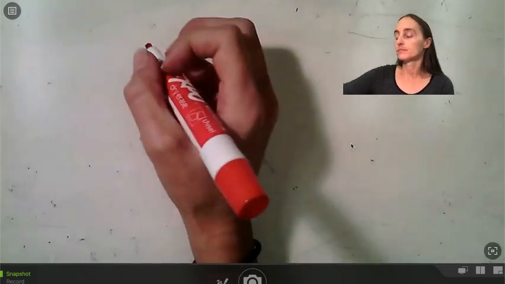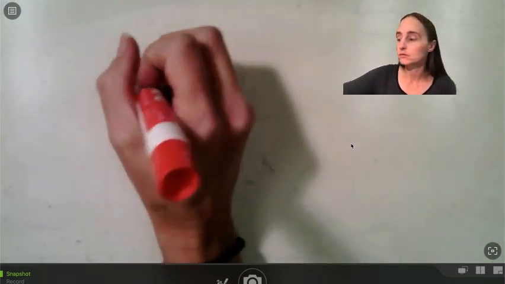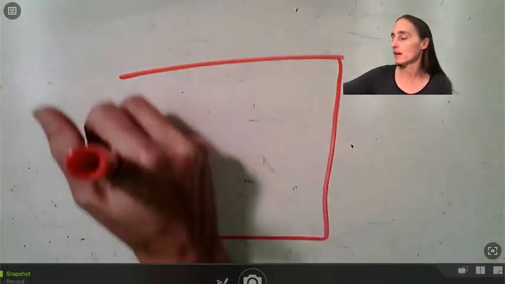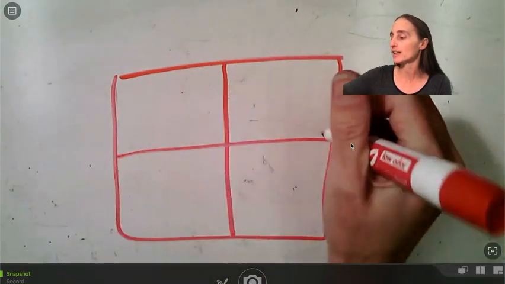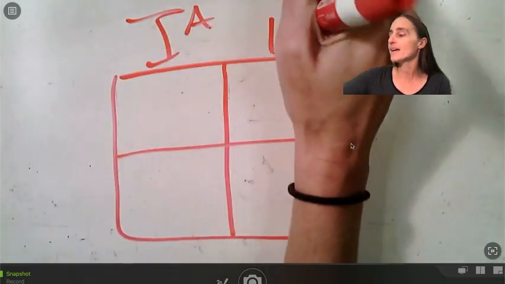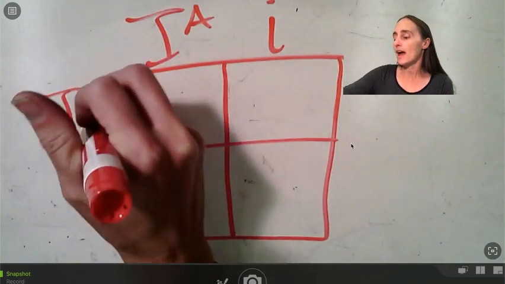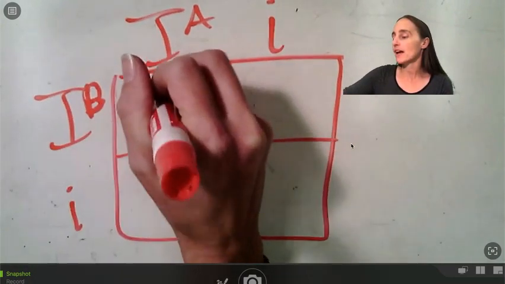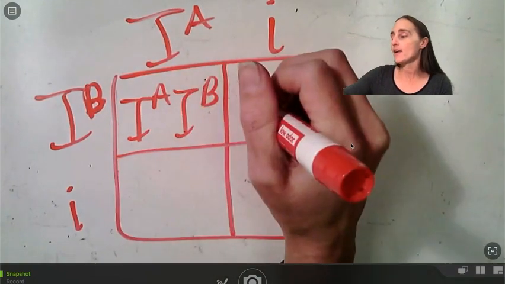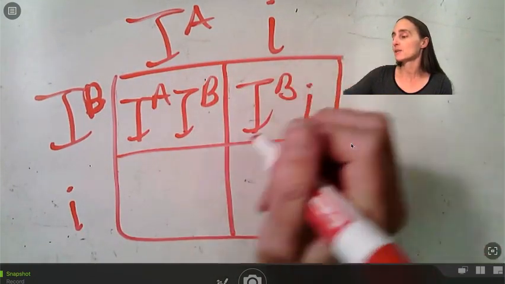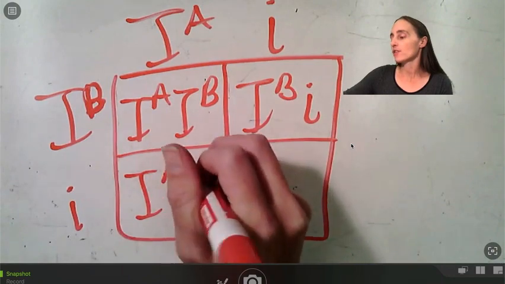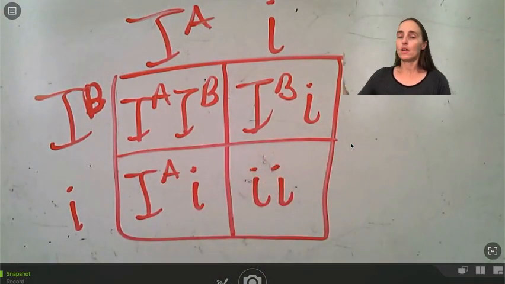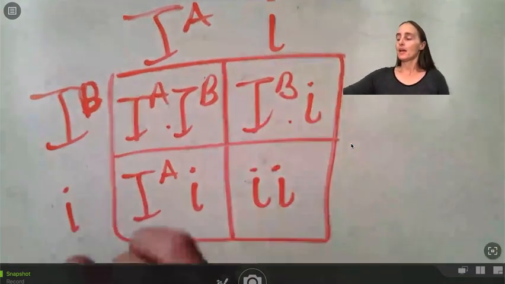Pause the video. I'm watching you. Okay, I hope you are back now with your answer because you're amazing. You should have had heterozygous A crossed with heterozygous B, and that would give you every single blood type: AB, B, A, O.